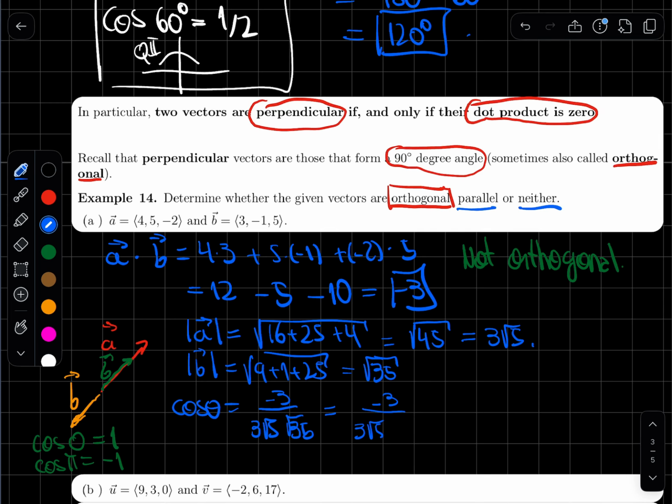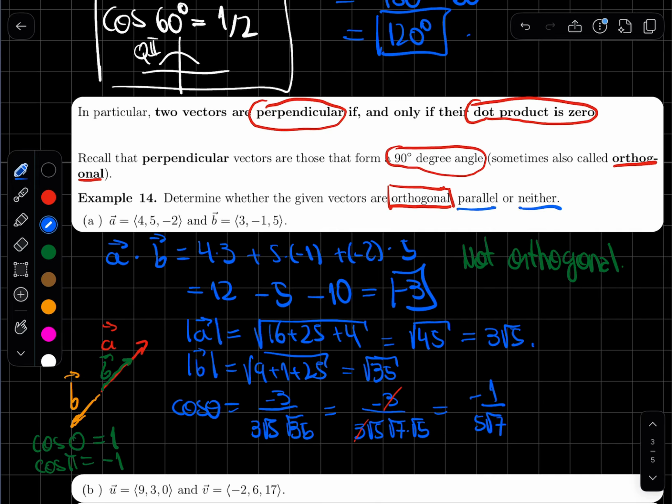This is root 5 and root 7 times root 5, like so. 35 is 7 times 5. So these 5s together give me another 5. These root 5s together give me another 5. Those 3s cancel. So I'll get -1 over 5 root 7.